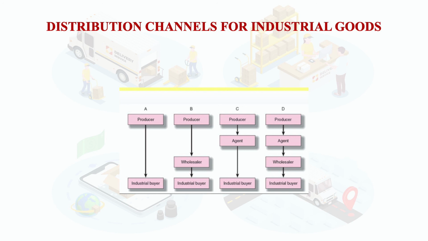Obviously, if your industrial customers are spread geographically, you may need to have wholesalers and agents in different parts of the country. And again, if there are several units which require your products, you may actually have an agent as well as a wholesaler who's actually your wholesale distributor, as the term is used, and your consumer.